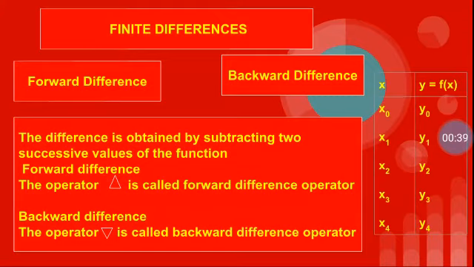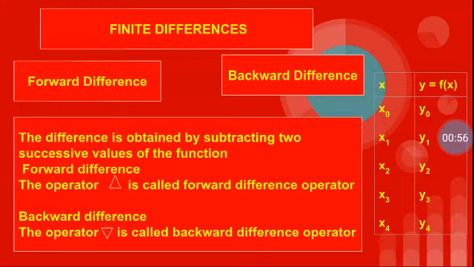For a given table, there are two variables x and y. The variable y is a function of x. There are different types of functions. Now here we are considering y as a function of x.